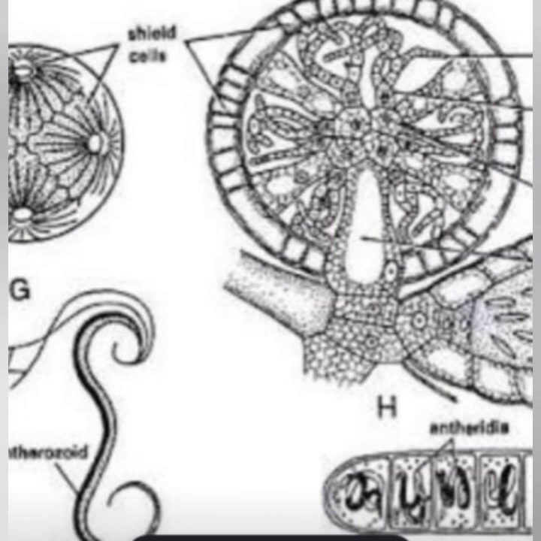So the sperm mother cells will liberate the antherozoids inside the water. So this is the whole process of development of the antheridium, that is the globule, in Chara.